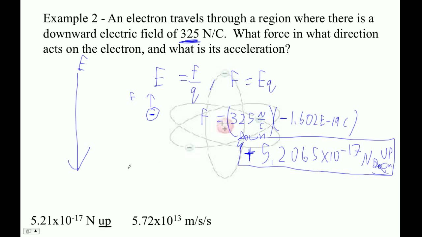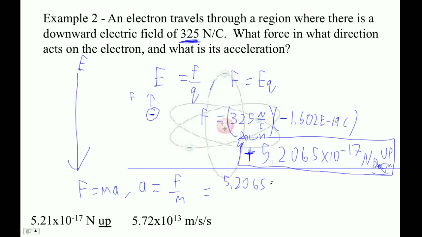And then what's the acceleration? Well, I can just do acceleration the way I always do it. F equals ma, so a is F over m. The force is 5.2065 times 10 to the minus 17th newtons, which is not a big force, but for an electron it's a tremendous force because the mass of an electron is 9.11 times 10 to the minus 31st kilograms.